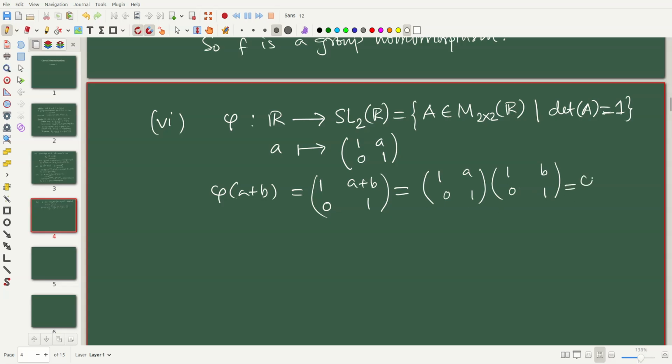So this is equal to phi(a) phi(b) for all a, b in R. So this is a group homomorphism.